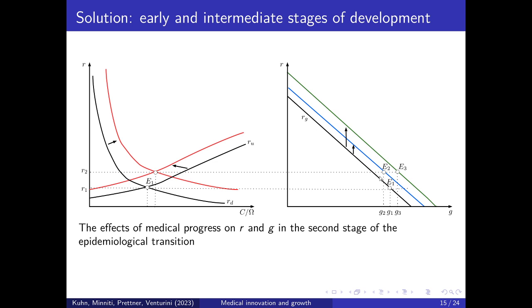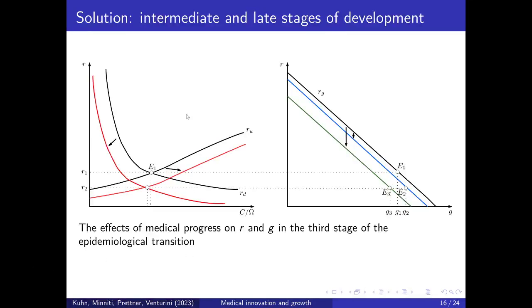In addition, if life expectancy increases, people save more and invest more, and this additional saving and investment puts a downward pressure on the interest rate. So for a given increase in the interest rate, as it is depicted here, we would have a stronger effect in the growth rate. So for intermediate stages of development or for intermediate stages in the epidemiological transition, we would get a positive effect of medical progress on economic growth.